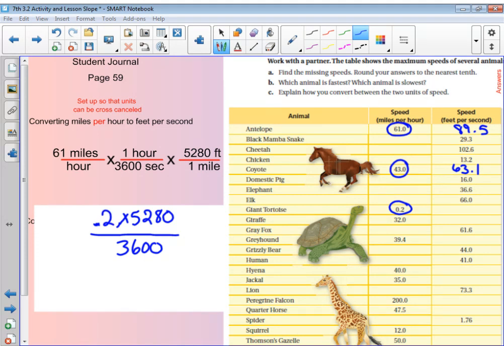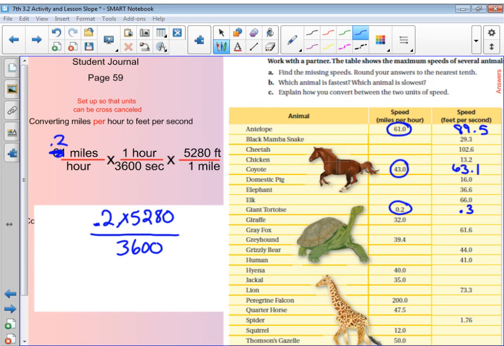On my calculator, I'm going to punch in 0.2 times 5,280, so that's changing it into the feet. Then I'm going to divide that answer by 3,600, which is changing it into my seconds, and I get 0.293 repeating. So the 9 is going to tell my 2 to become a 3, so we're going to say it's 0.3 feet per second.